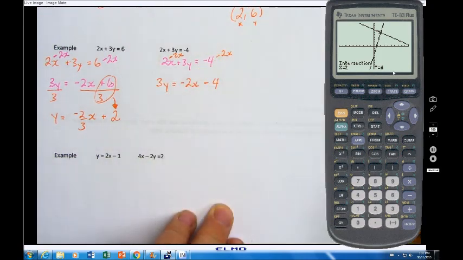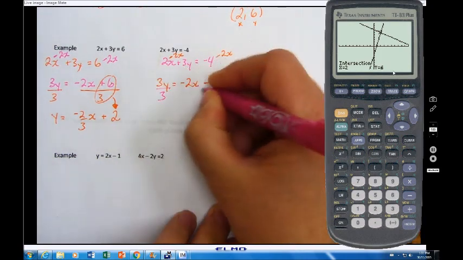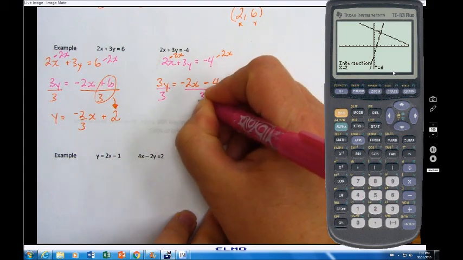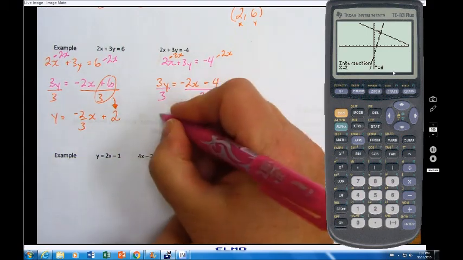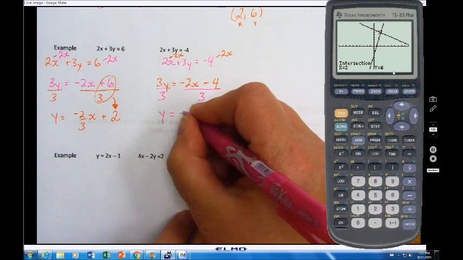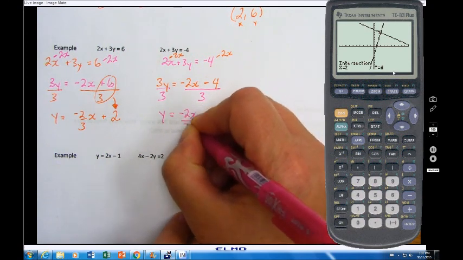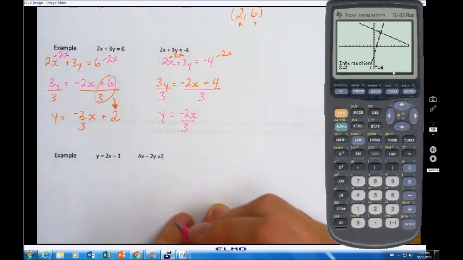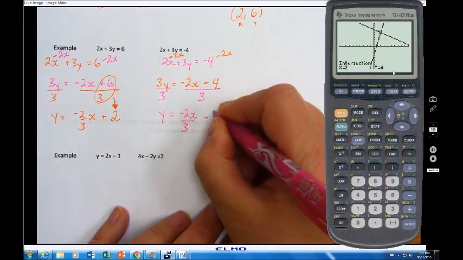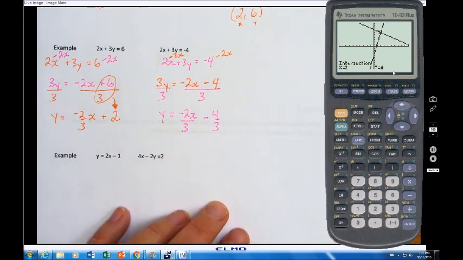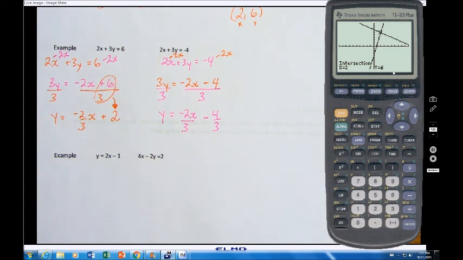And then we need to divide by 3. And we get y equals negative 2x divided by 3 minus 4/3. And then we're going to graph those.